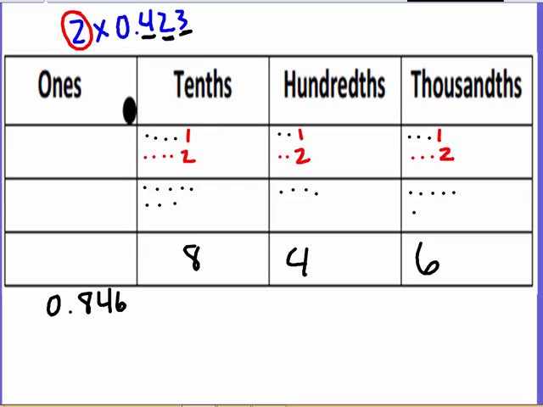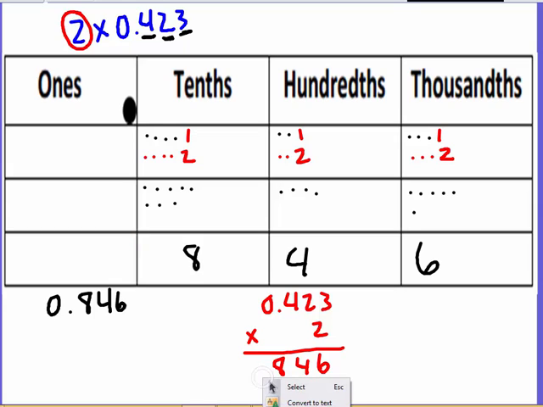If I check it with my standard algorithm, just to make sure I'm always checking my work, I'm going to get 2 times 3 is 6, 2 times 2 is 4, 2 times 4 is 8. Where does the decimal go? Well, if I look at my place value chart, I see I don't have any 1s, and my decimal is right next to that 8.